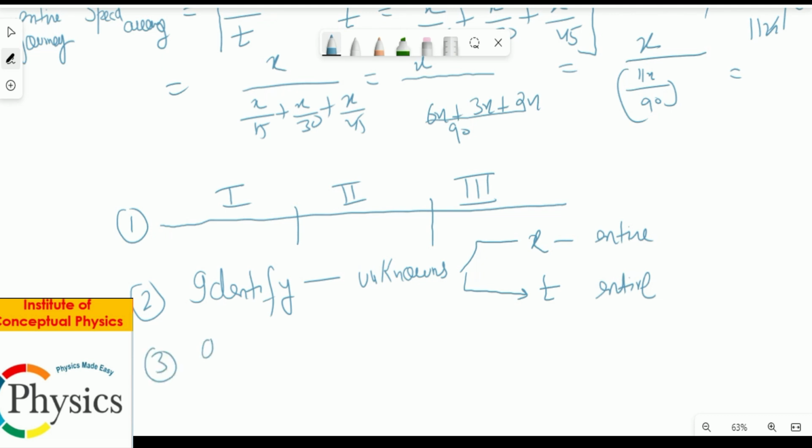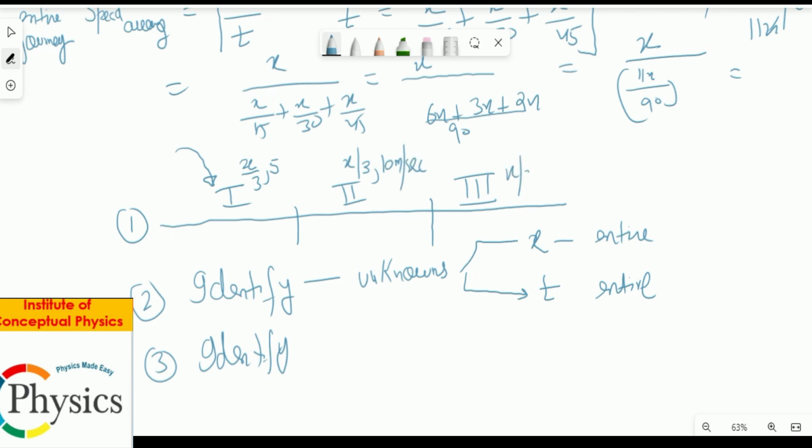Third, identify the knowns. What is known to you? In part 1, substantial information is given. The distance of part 1 is given, 1/3 of the total journey, and the velocity of part 1 is given. The speed of the second part is given.